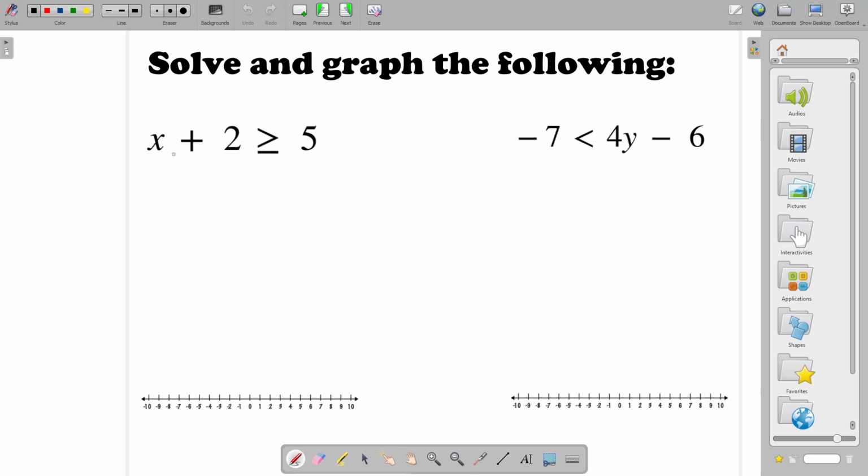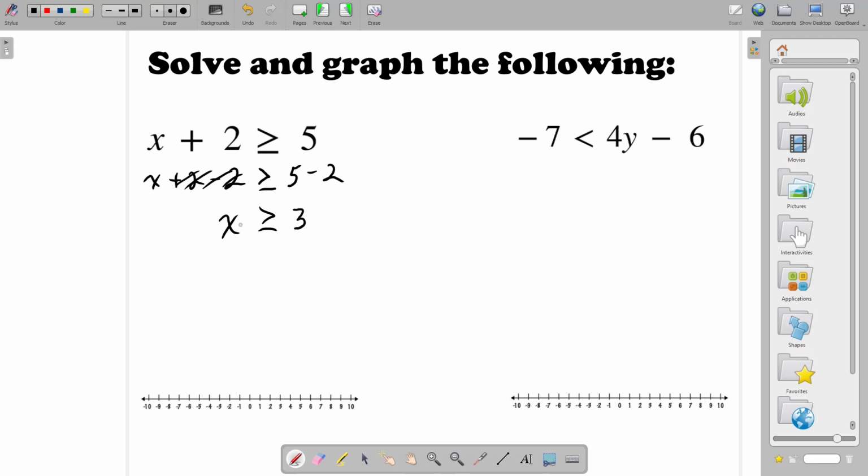In this first one, I want to get x by itself, so I need to subtract 2 from both sides because that 2 is positive. If I do that over here, I must do the same thing over here. And here these add out. I'm left with x greater than 5 minus 2, which is 3.